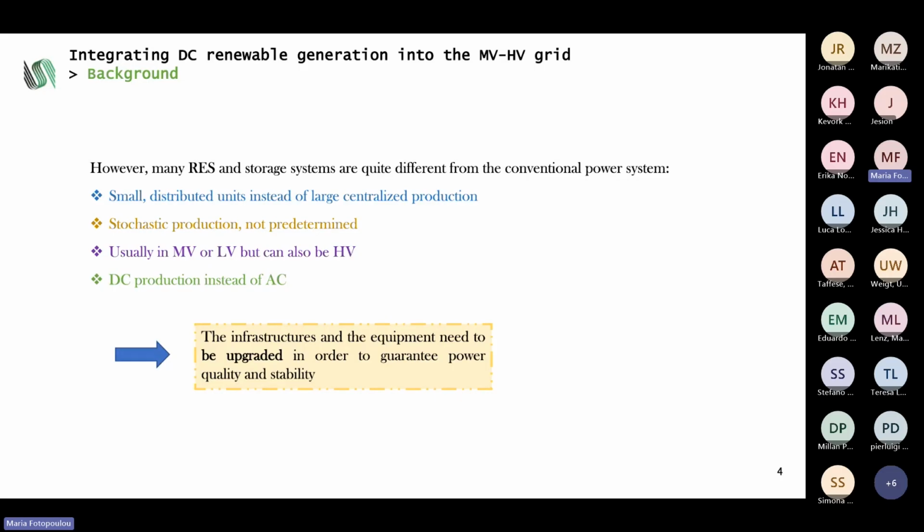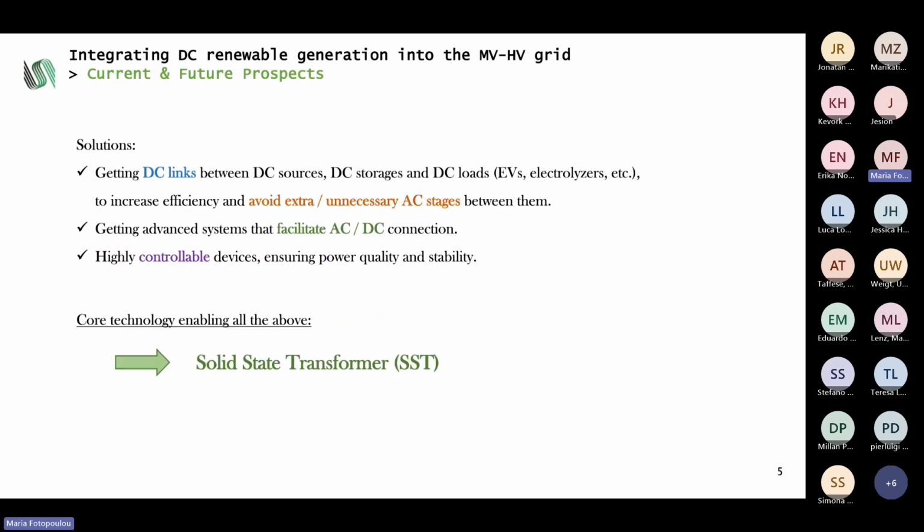The main thing is that their production is usually DC instead of AC. For example, photovoltaics produce DC, and battery energy storage systems give DC too. Therefore, the infrastructure and equipment need to be upgraded in order to guarantee power quality and stability with these new resources.